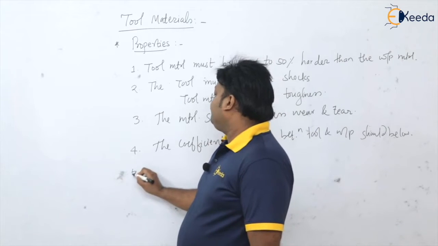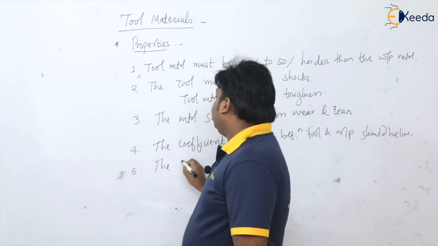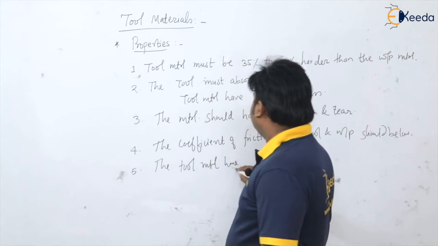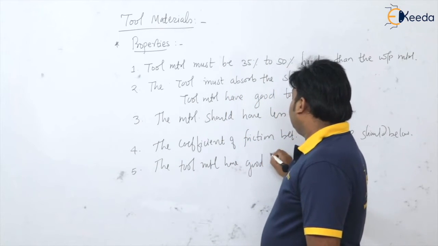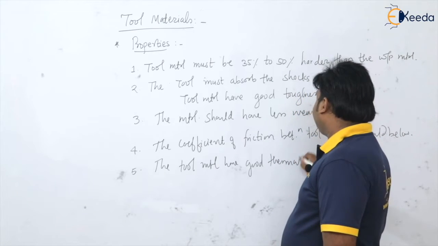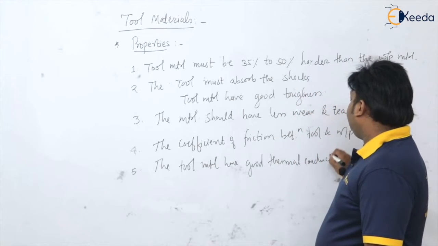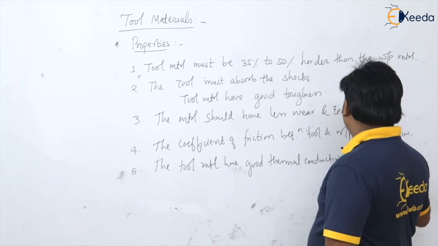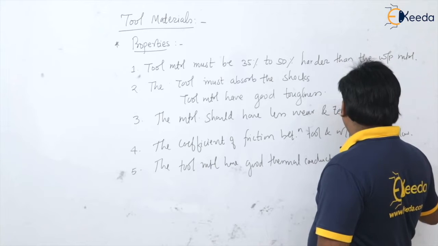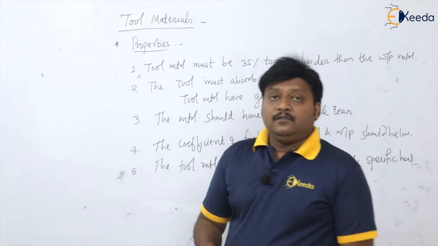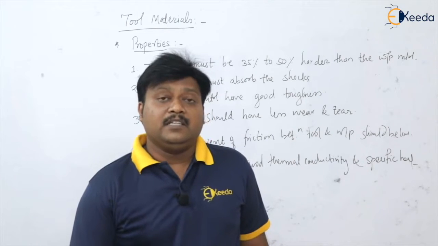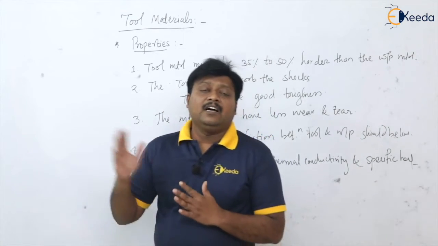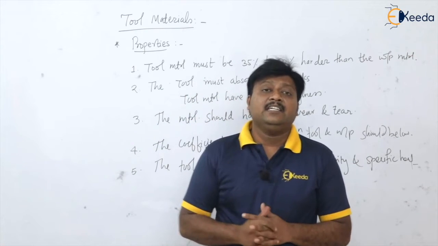And the fifth, that the tool material should have a good thermal conductivity and specific heat. So yes, when the tool has very good thermal conductivity, whatever heat is induced in the cutting zone will be conducted or carried away by the tool.